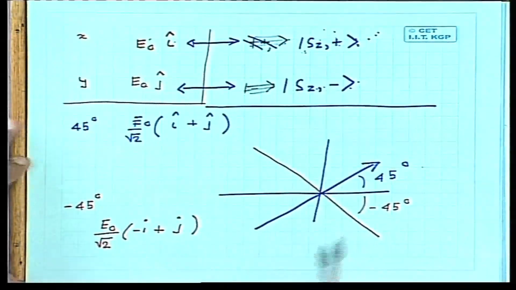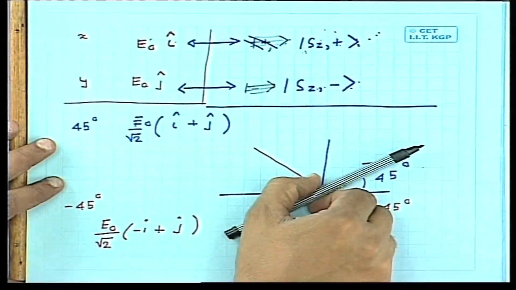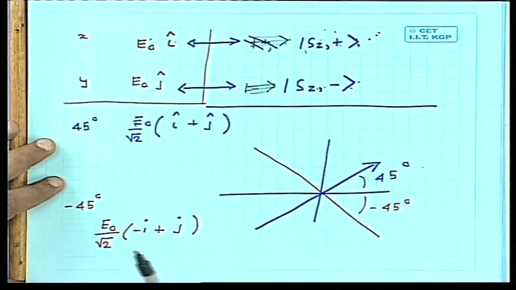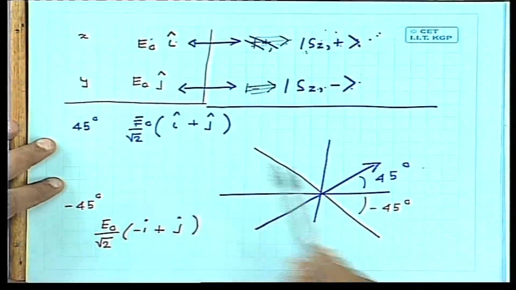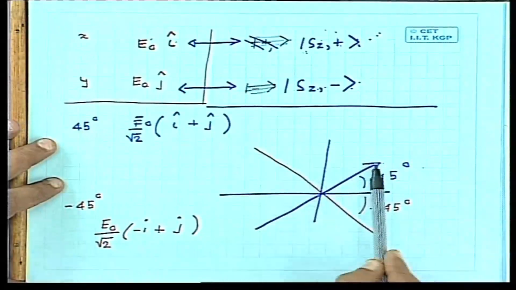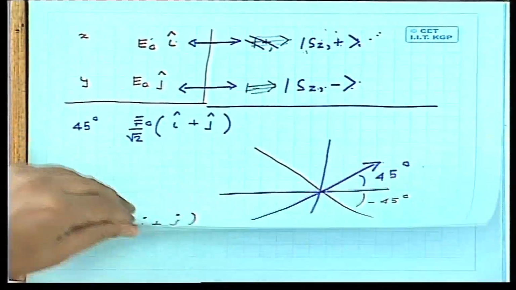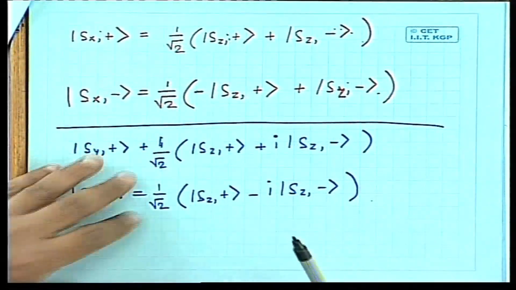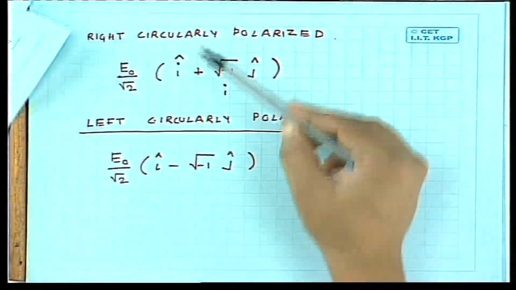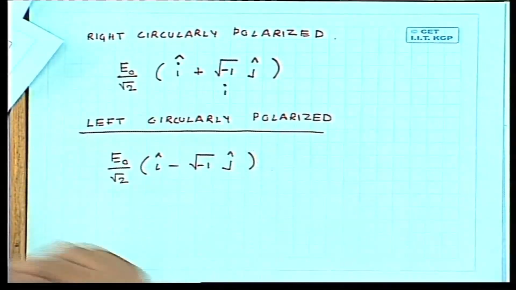Equivalently, you could express it in terms of these two polarized states. Any arbitrary polarized state can be expressed as a superposition of these two polarized states, or equivalently as a superposition of the right circular polarized light and the left circular polarized light.